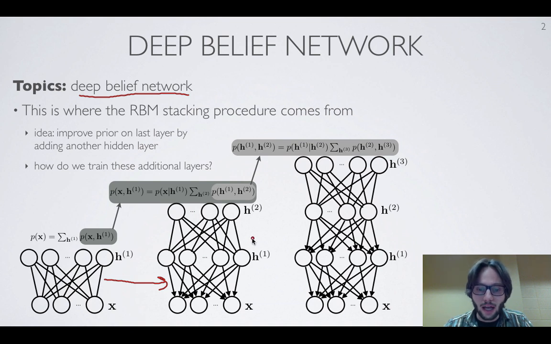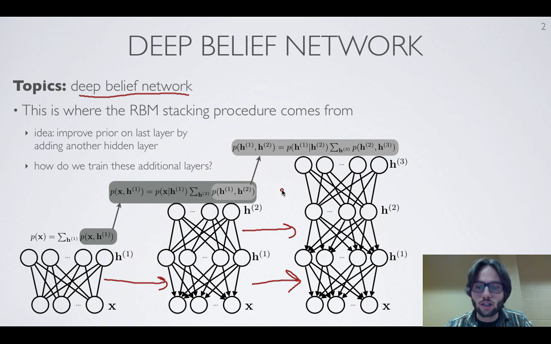And then after doing that for a while, we would use the 2 first hidden layer weights to initialize the sigmoid belief network part of the 3 hidden layer DBN, and then we would be left with the procedure of training the top RBM weights of the 3 hidden layer DBN.